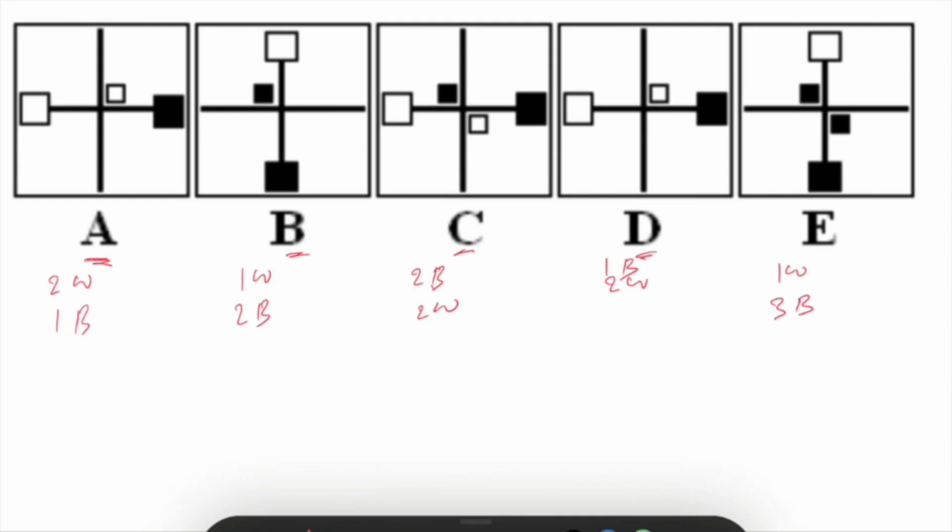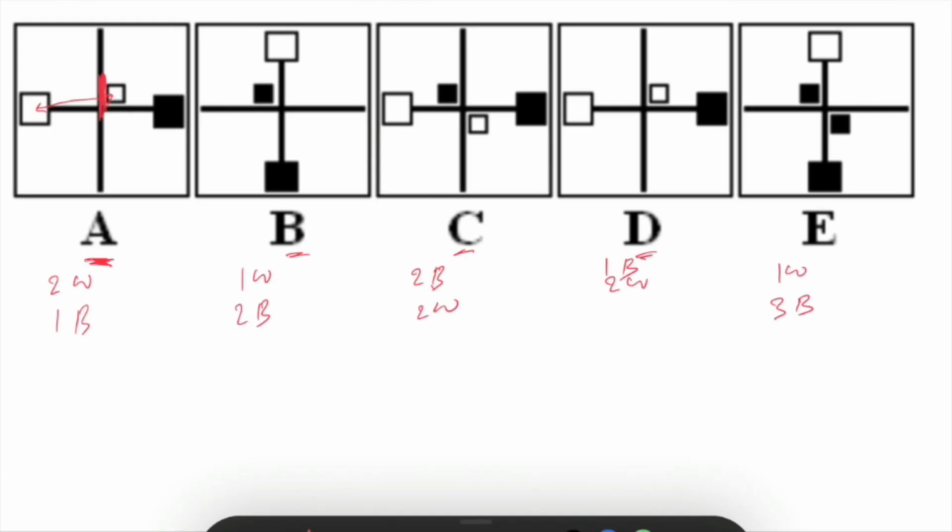Maybe there is something else that can help me figure out the four consistent patterns versus the odd pattern. If we give it more focus and attention, we can find that in pattern A, the small white box is located far from the bigger white box. There is a barrier here.